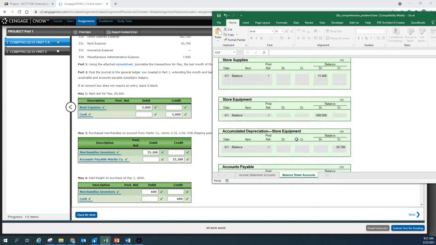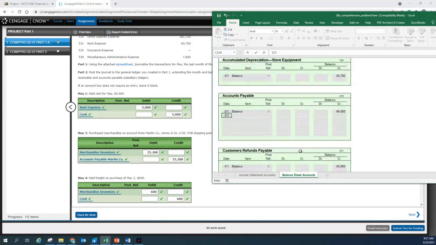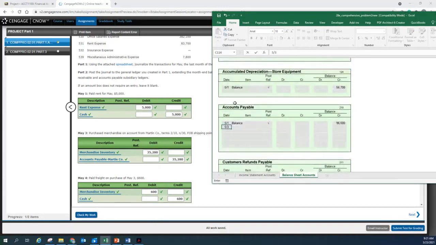Then accounts payable, let's go down. May 3rd, accounts payable to Martin Company. There's only one accounts payable here. That's going to be for all vendors, so we'll use this one. It has a beginning credit balance of 96,600. Remember, that's the normal balance because that's the ending balance of the previous period.